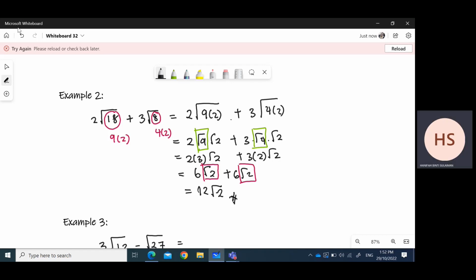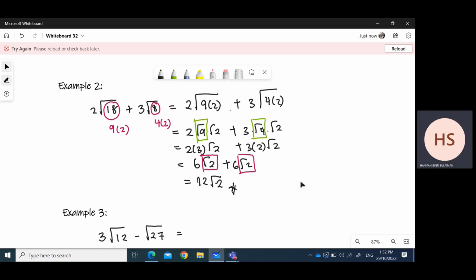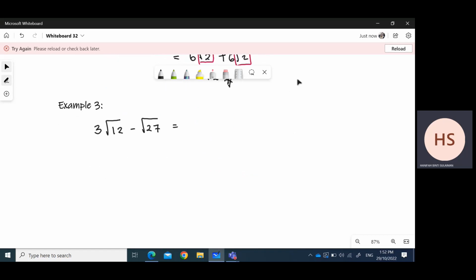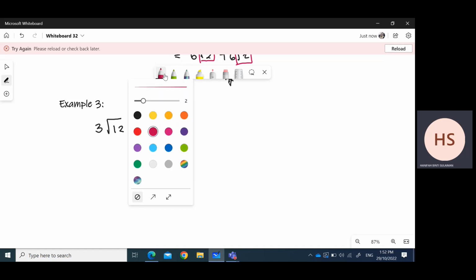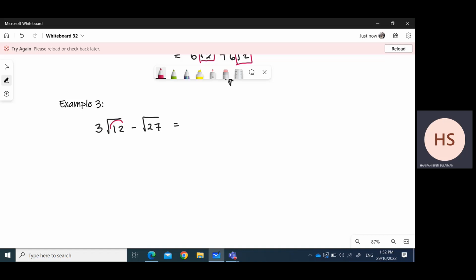Okay, so now we look at the next, third example. The third example here is about subtraction. Subtraction between two radicals, which are 3 times square root of 12 minus square root of 27. In this case, 12 also can be factorized, then here we have 4 times 3.